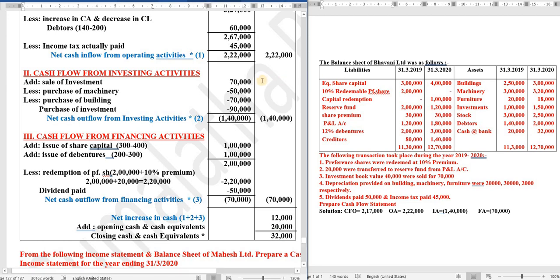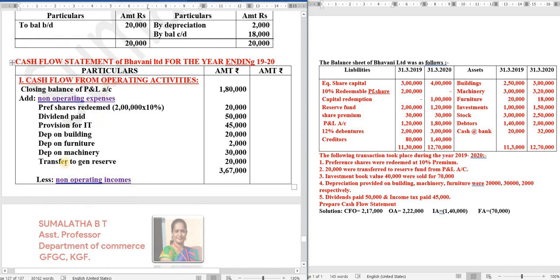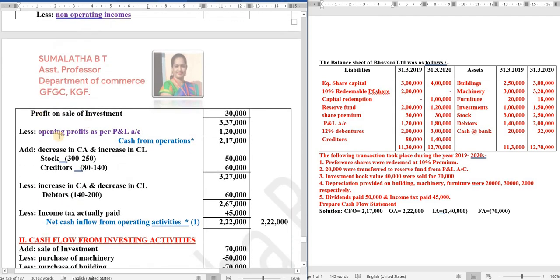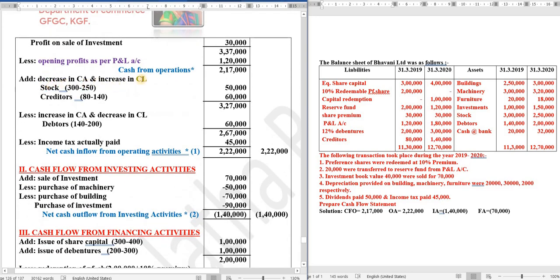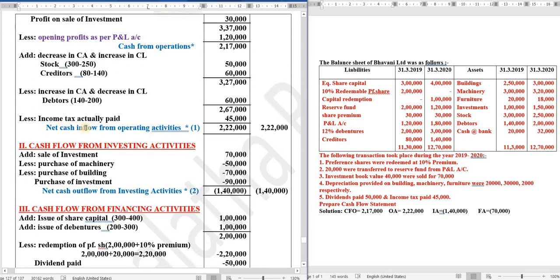So this is how you prepare the cash flow statement. Clear? Once again, I'll just show you the cash flow statement. See. Here we have taken all non-operating expenses, and then we have taken non-operating income. We have deducted opening profit, and we have added increase in current liability, deducted the increase in current asset and decrease in current liability, and at last income tax paid.